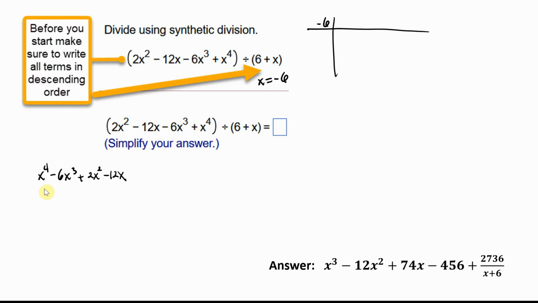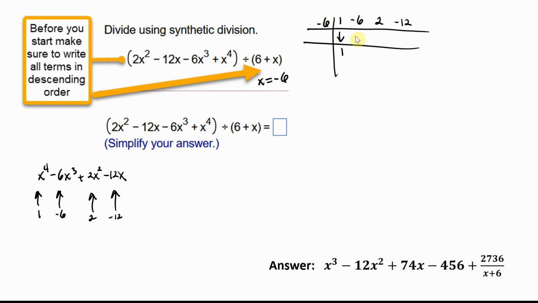So now just look at the coefficients. 1, negative 6, 2, negative 12. Remember, this polynomial here doesn't have a constant at the end, so that'll be a hiccup for us, but I'll show you as we work it out. So this is a 1, negative 6, 2, negative 12.